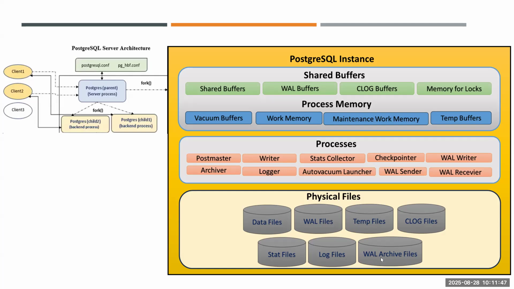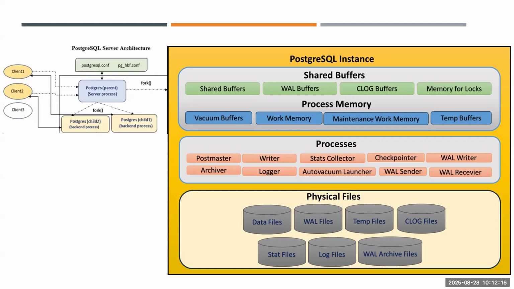Once we install the Postgres cluster, you will see many directories. We'll walk through each and every directory, because every directory is very important in Postgres, and each one does its respective work.